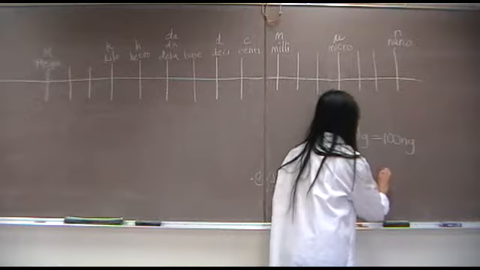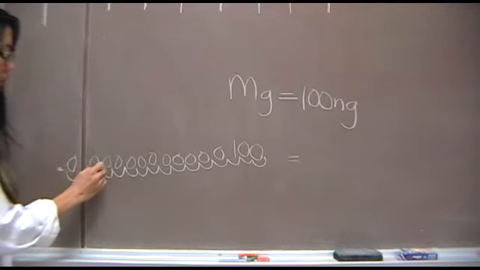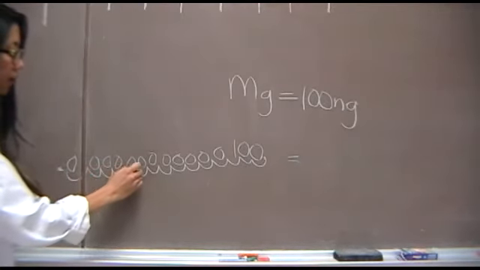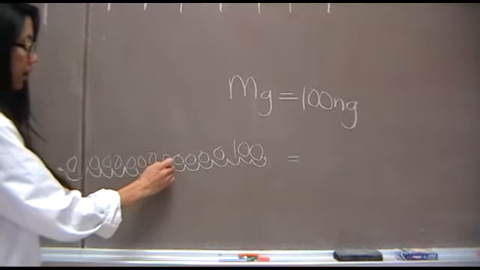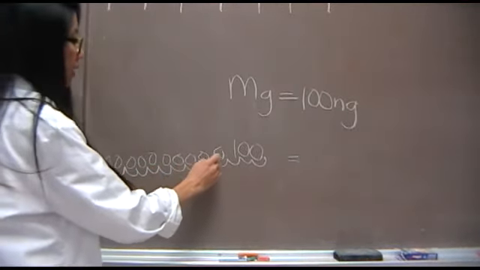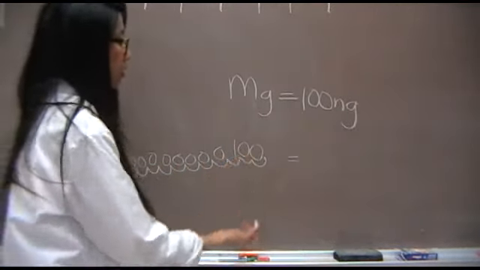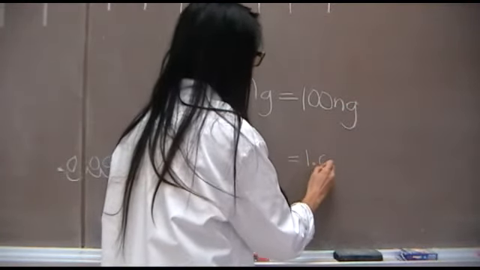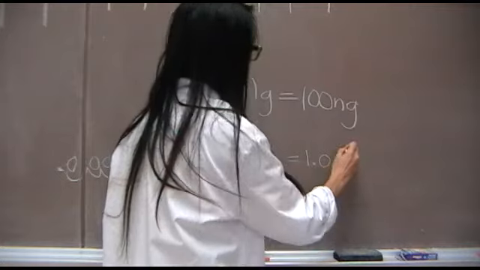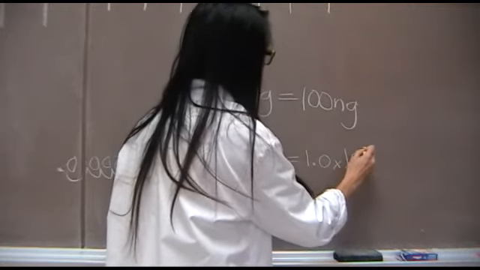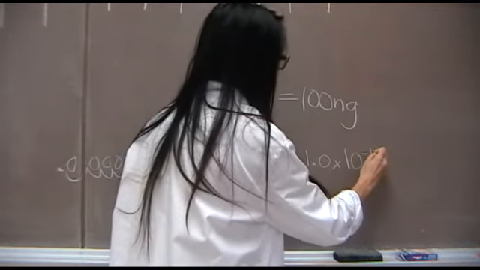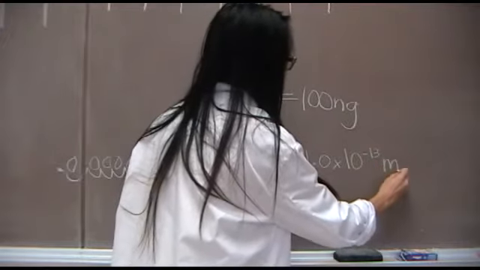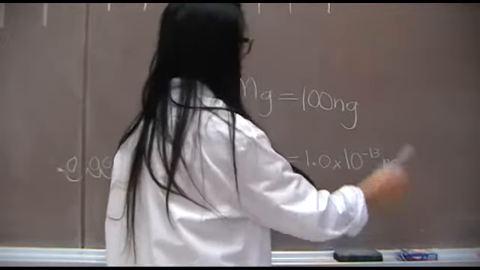So this would be 13 spaces. So that answer would be 1.0 times 10 to the negative 13 megagrams in 100 nanograms.